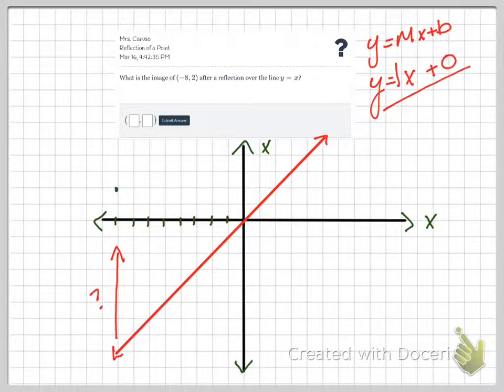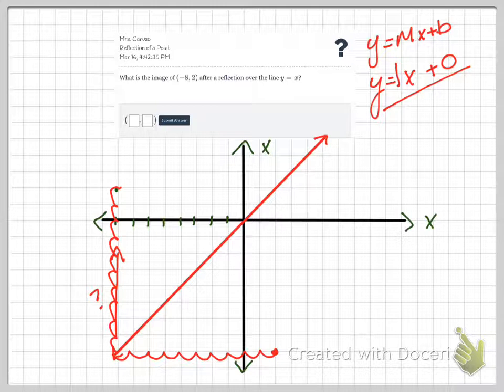Let me count: 1, 2, 3, 4, 5, 6, 7, 8, 9, 10. It's 10 up. And that means it would have to be 10 in this direction, 1 through 10. You could do it either way.